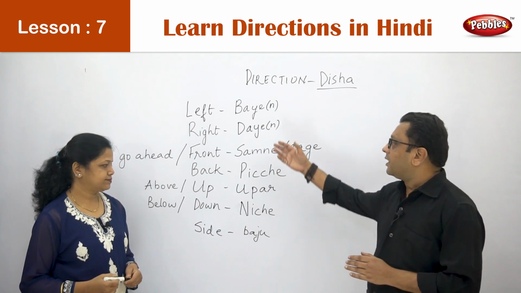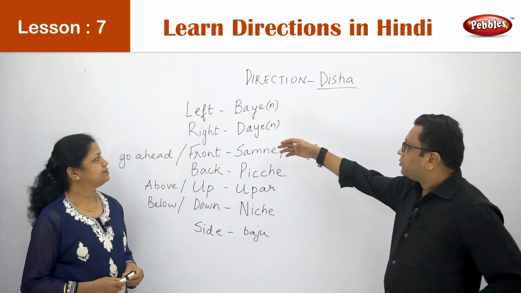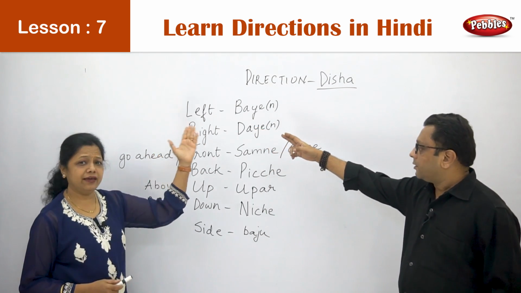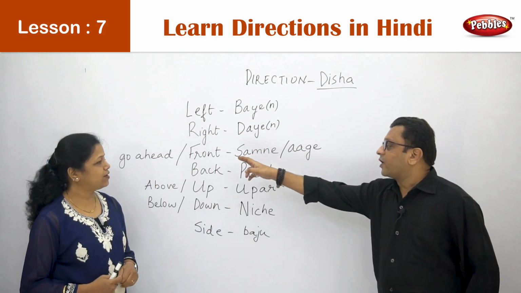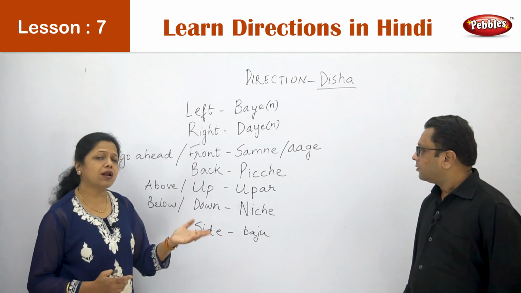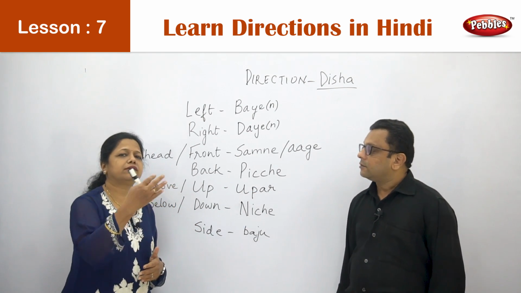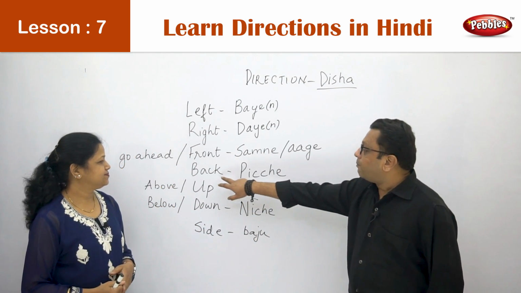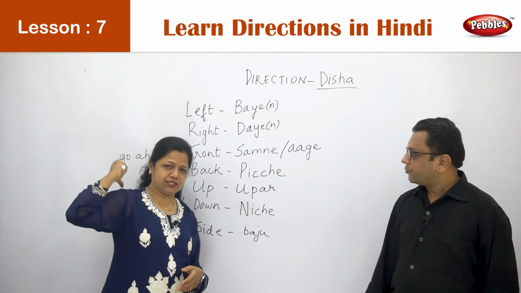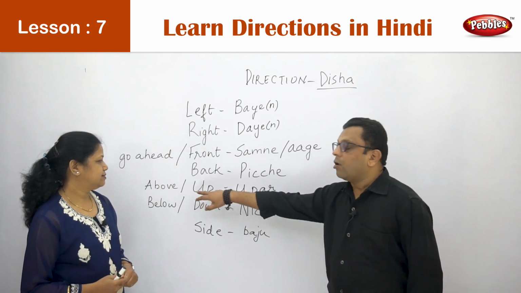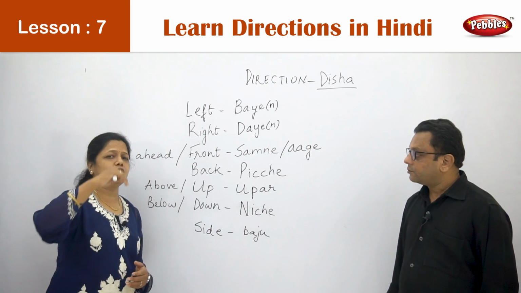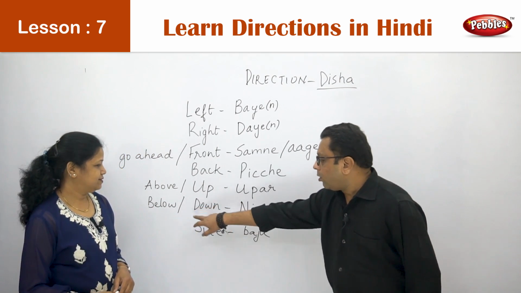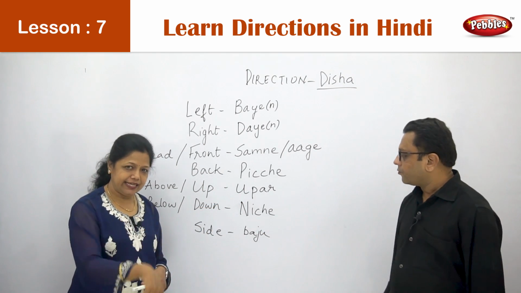So we have seen. Let us revise it once again. So left is बाएं, right, दाएं, go ahead or front is सामने और आगे, depending on what you are trying to tell. Then the back is पीछे, back side. Above or up is ऊपर. Below or down, नीचे.